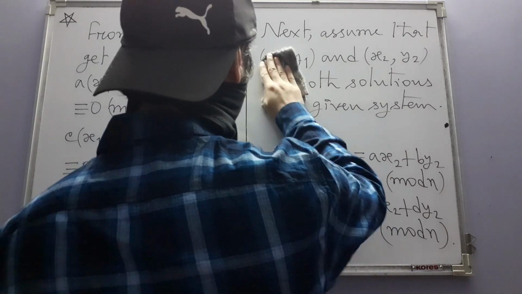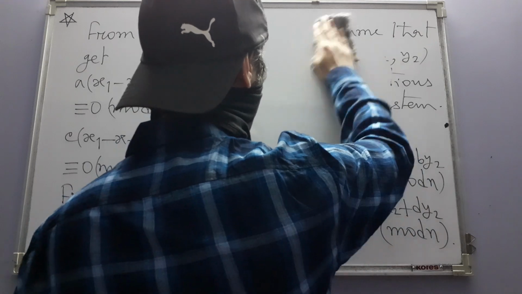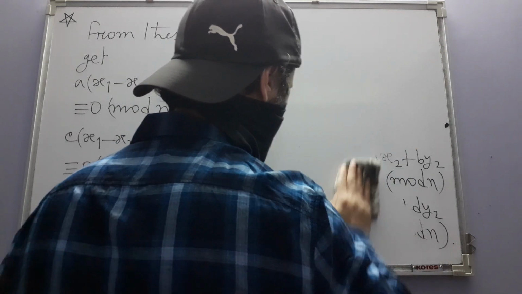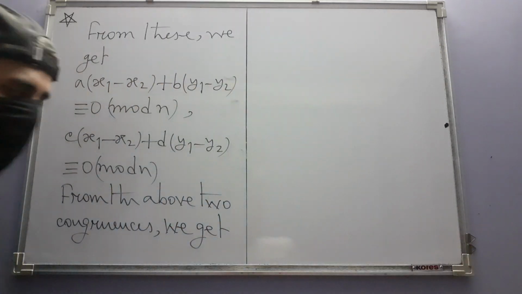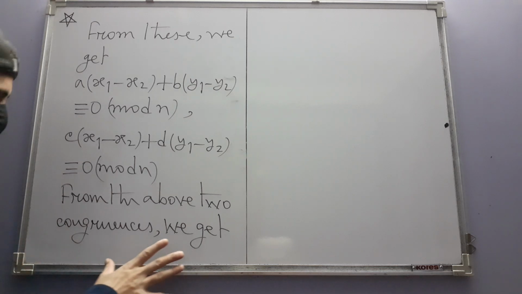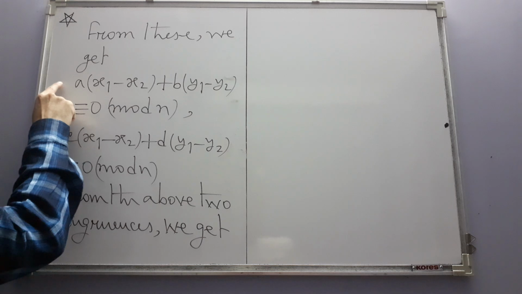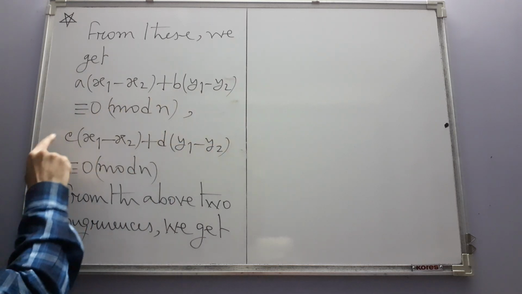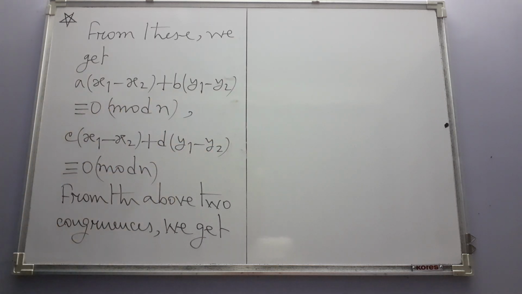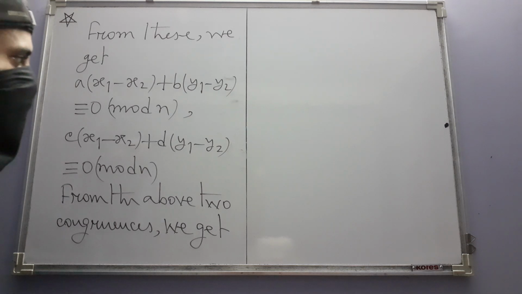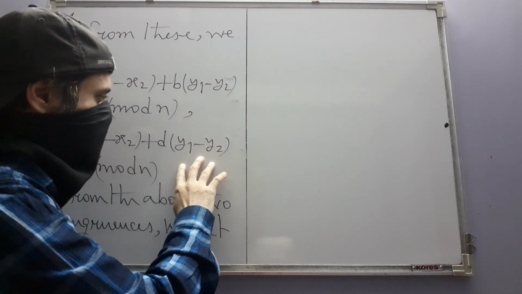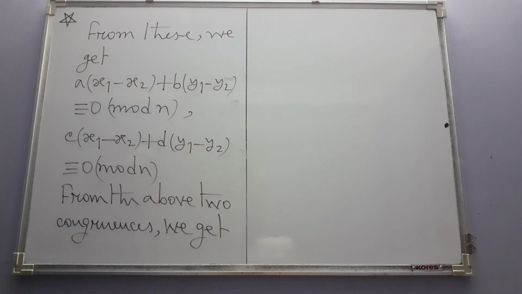We can apply our elimination technique to these two congruences as well. For example, we won't write anything explicitly this time, but we will just simply do it. Say you want to eliminate y1 minus y2. What will you do? You can do this: d times the first one minus b times the second one. That will get you rid of y1 minus y2.